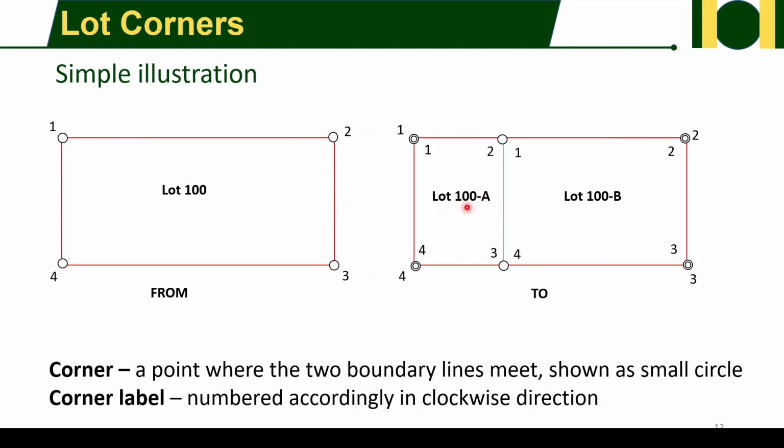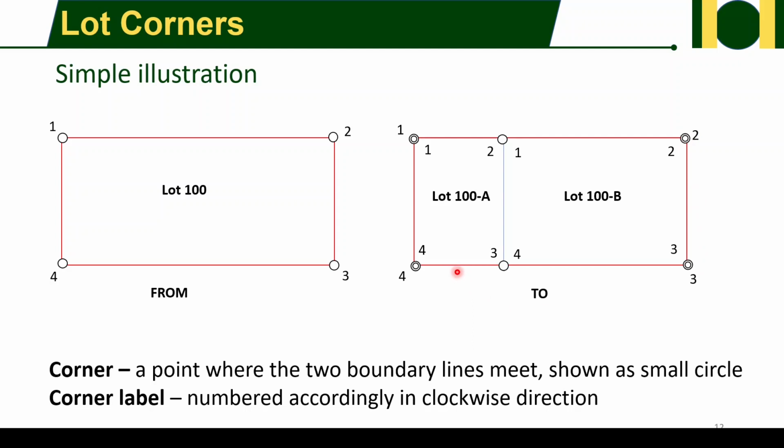And here, in the subdivided lot, you created other corners. Of course, the corners of this sublot are 1, 2, 3, 4. For this sublot, lot 100B, the corners would be 1, 2, 3, 4, wherein corner 2 is also corner 2 of the boundary or mother lot.